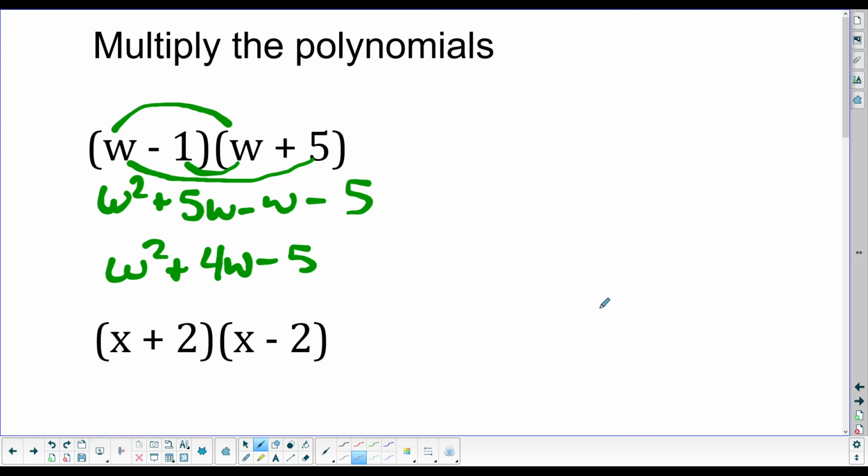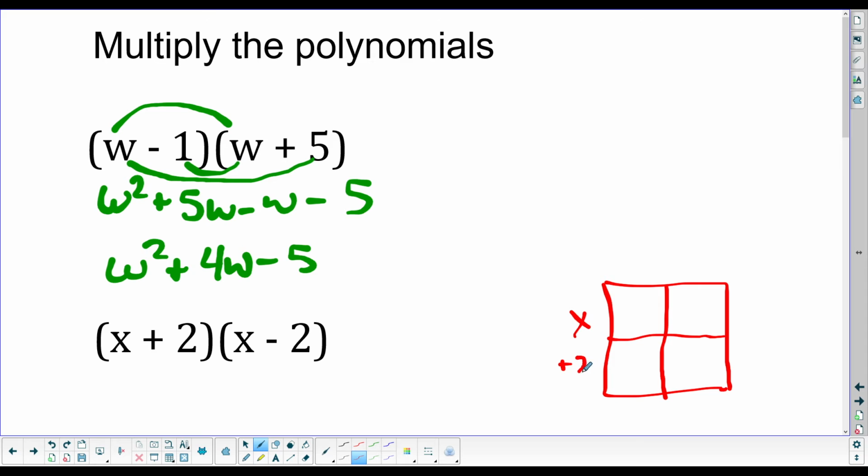The second example here, I'm going to go ahead and use an area model just for fun. Let's see how this compares. So here I've got x plus 2, and here I've got x and minus 2. I'm going to multiply these together, fill out this form here. So I've got x squared, I've got negative 2x here.